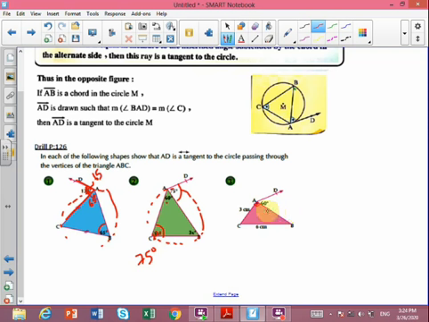Here it is the opposite: I have a 90 degree angle and the hypotenuse is 6, and one of the sides is half the hypotenuse. So the opposite angle will be 30. What will be the third angle? 60. So since DAB equals angle C, AD is a tangent.